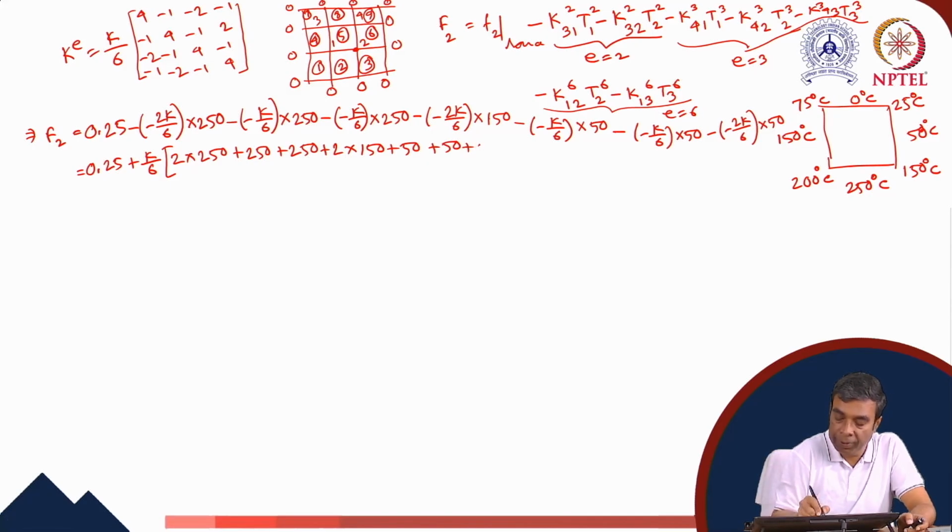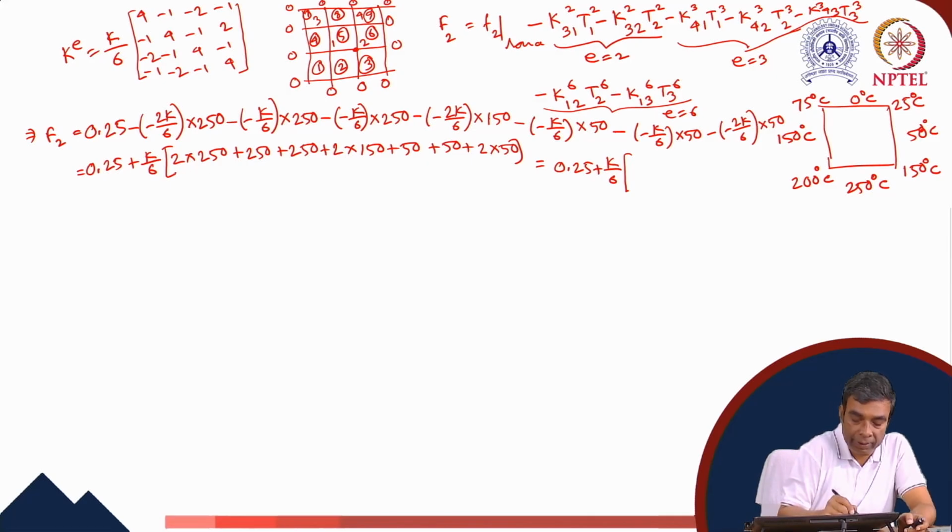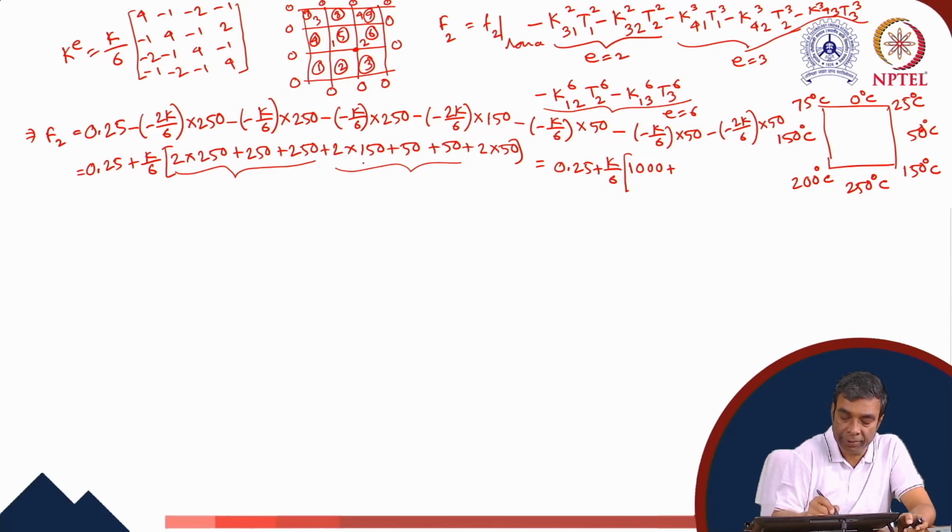So this term will be 2 into 50. So this gives us 0.25 plus K by 6 into, this is 500 plus 500, this is 1000, this is 300 and 100 is 400, 400 plus 100 is 500.